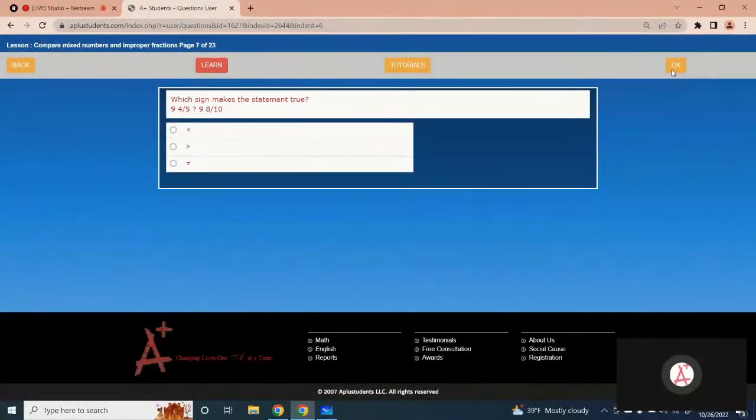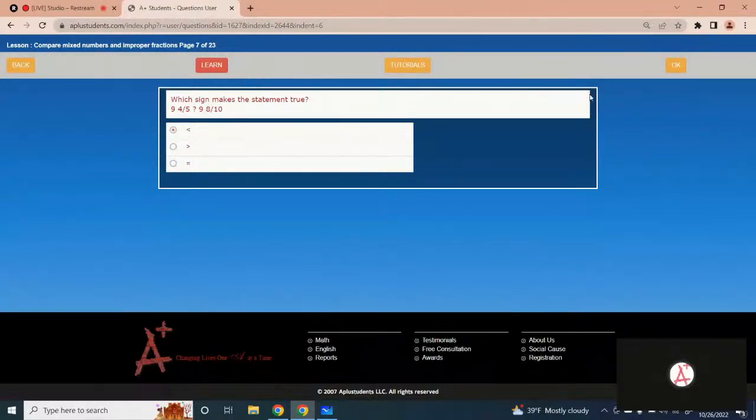Okay, which sign makes the statement true? 9 whole 4 by 5 and 9 whole 8 by 10. 9 whole 4 by 5 is less than 9 whole 8 by 10.